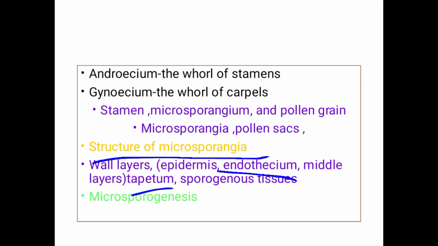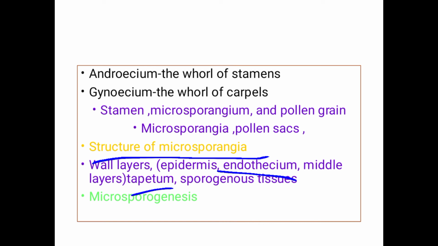Their main function is protection, and they also help in the dehiscence process. Dehiscence means what? The process by which the seeds are dispersed, one kind of seed dispersal method. Here we are talking about the dehiscence of the anther.